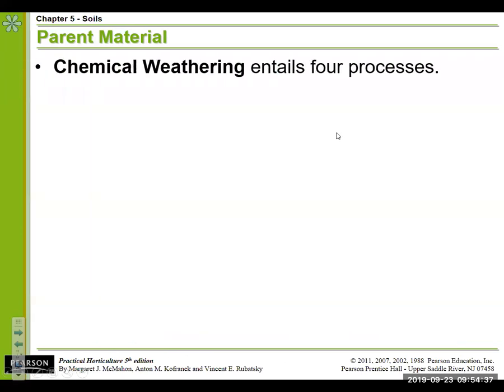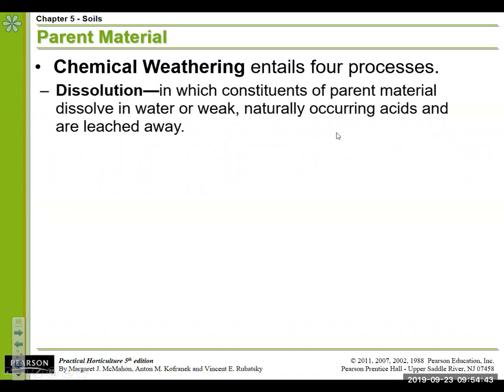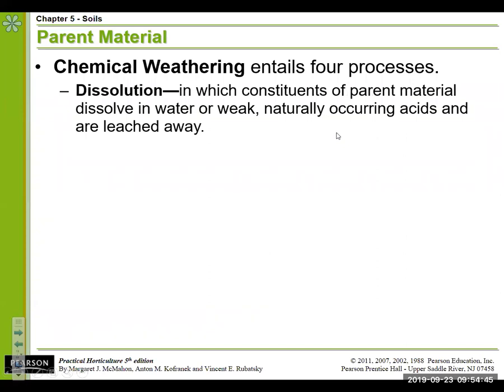We also look at chemical weathering, and basically we're looking at 4 different processes in chemical weathering of soils. First, dissolution, which is where parts of that parent material are dissolving. And this is usually naturally occurring through rainwater, which is slightly acidic.